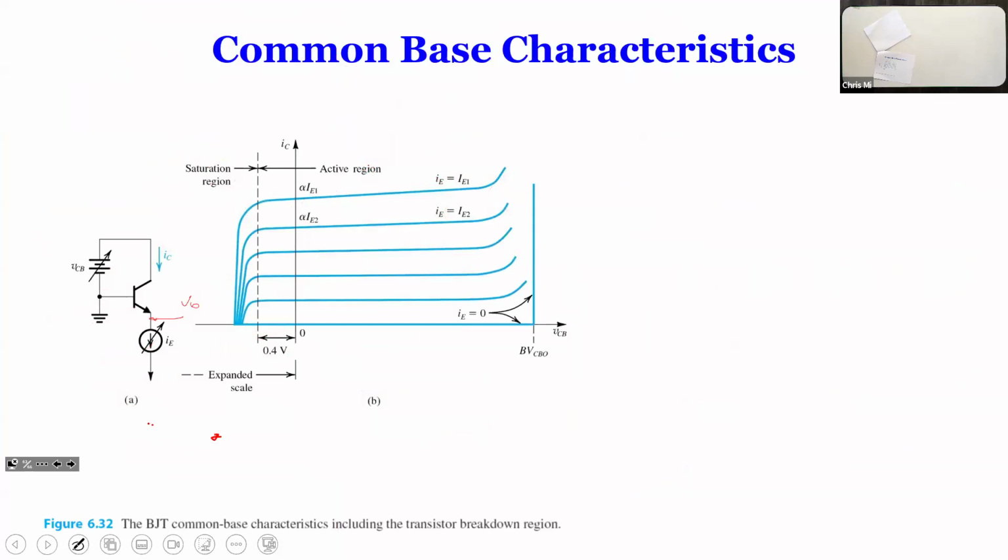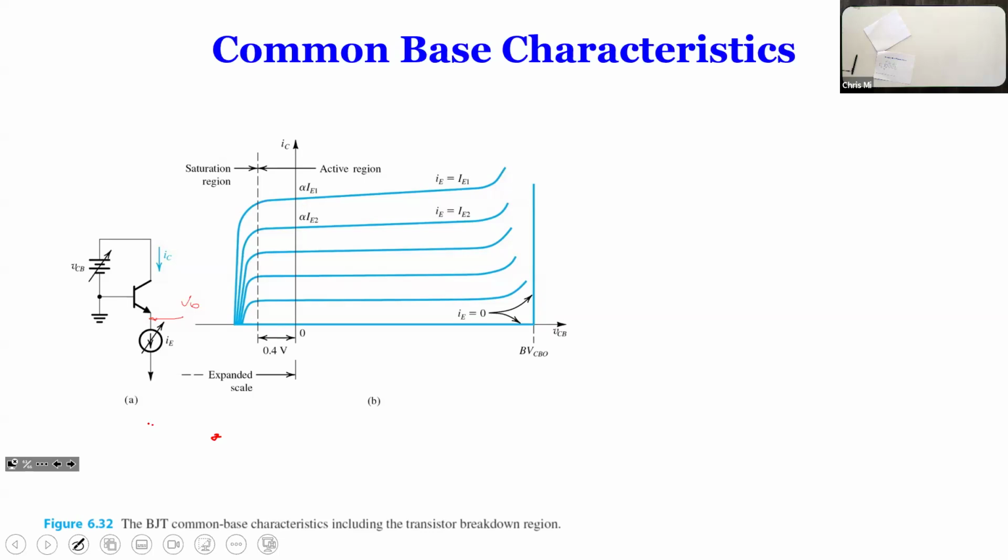When you take the output here, this IE at the bottom is kind of your output. And the base is grounded. So they call it common base.